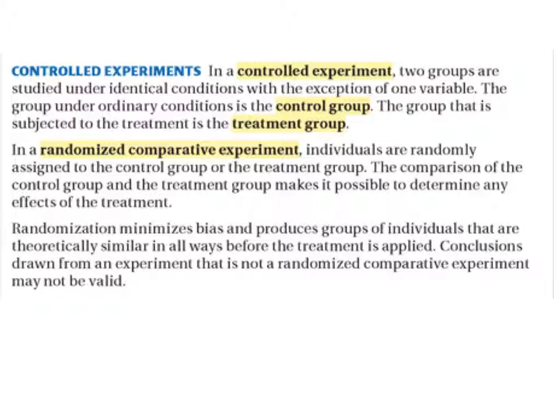The comparison of the control group and the treatment group makes it possible to determine any effects of the treatment. Randomization minimizes bias and produces groups of individuals that are theoretically similar in all ways before the treatment is applied. Conclusions drawn from an experiment that is not a randomized comparative experiment may not be valid.